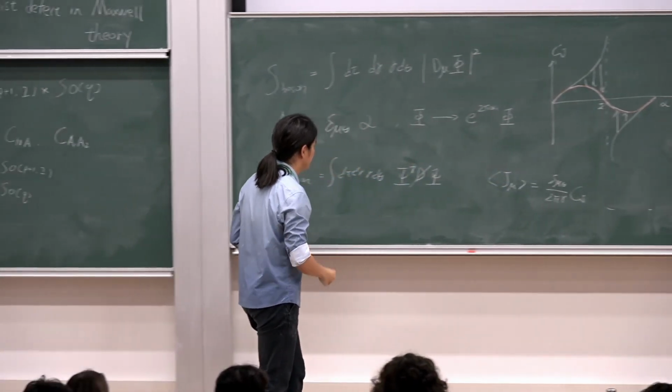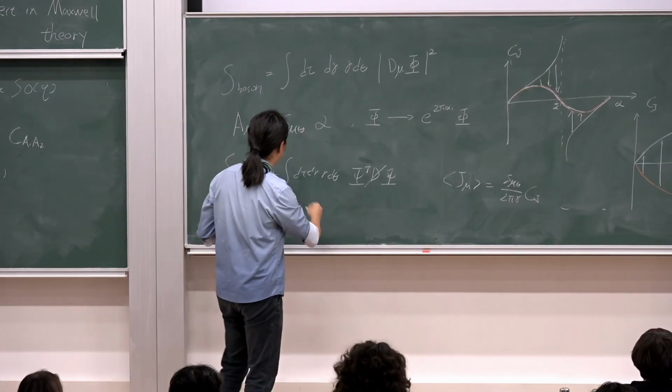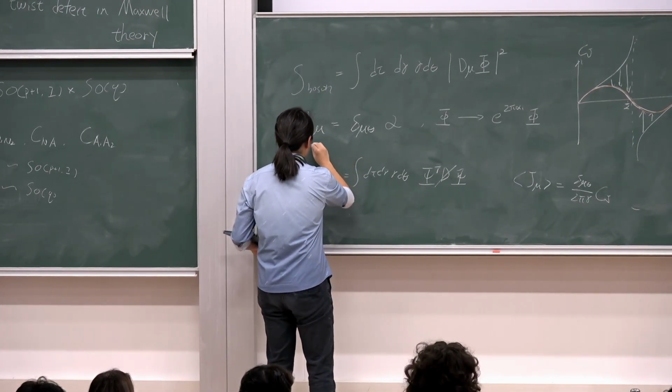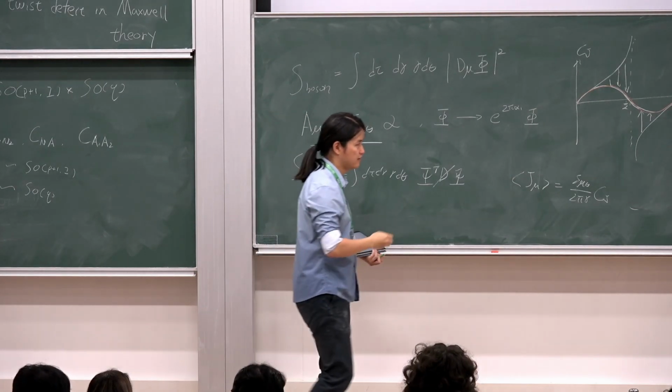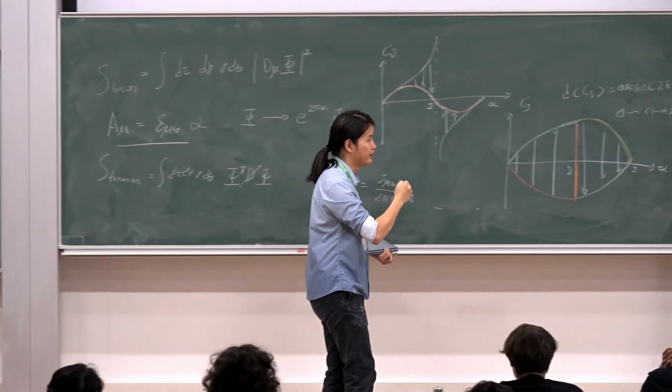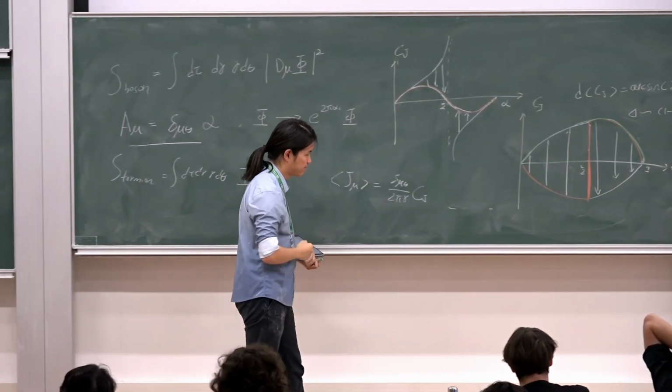And in this case, as I remember, the defect is implemented by this flux, and it is a line defect in the space-time. That means a quantum mechanical degree of freedom is decoupling from this line defect.